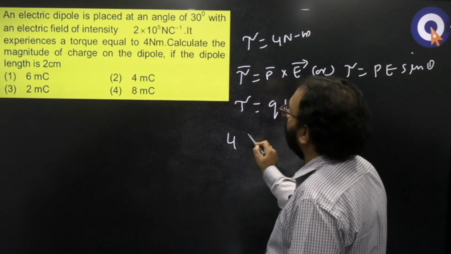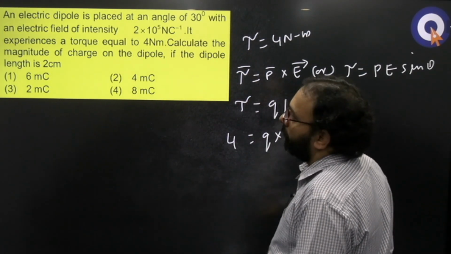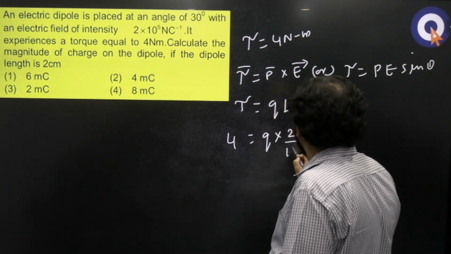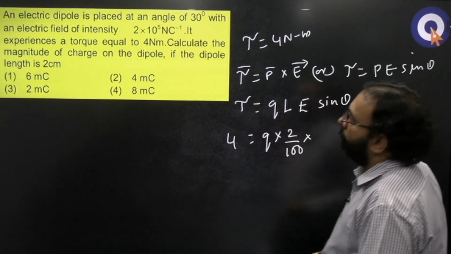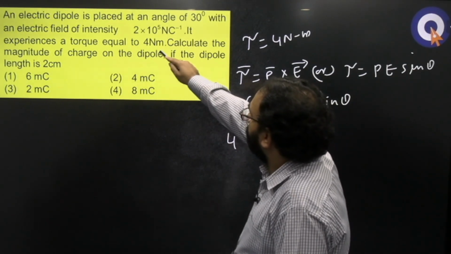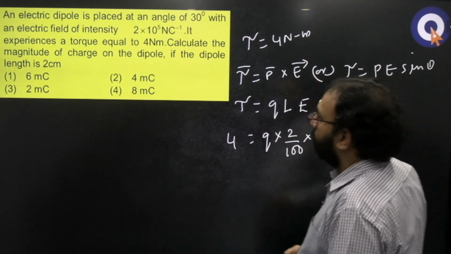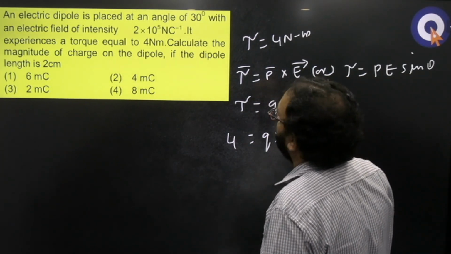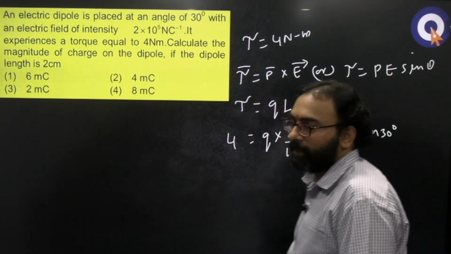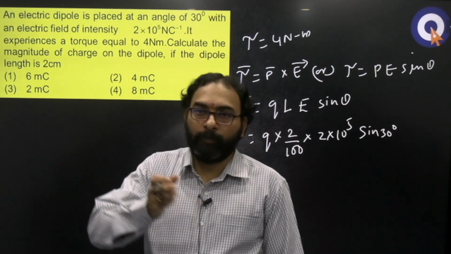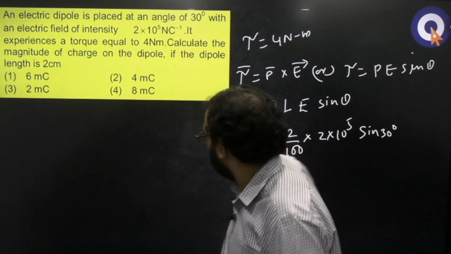The torque is 4 Newton meter, and we have to find Q. Length is 2 centimeters, which I'm converting into meters. Field is 2 into 10 power 5. Next, sin 30, where theta is the angle made by the dipole moment with the electric field.